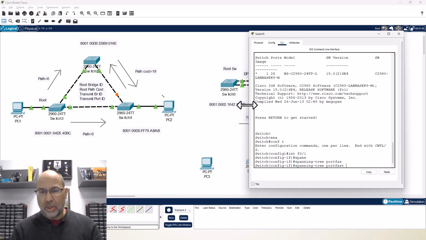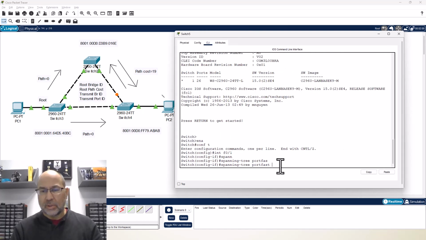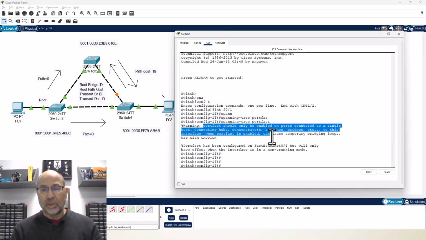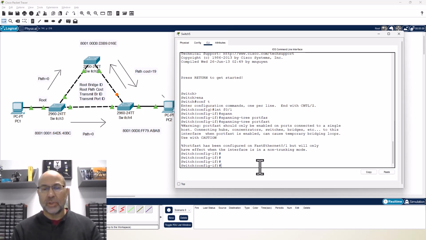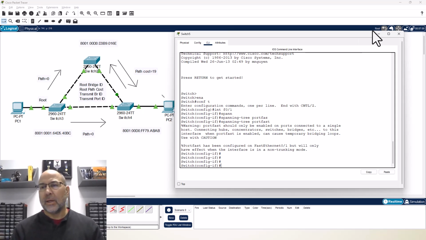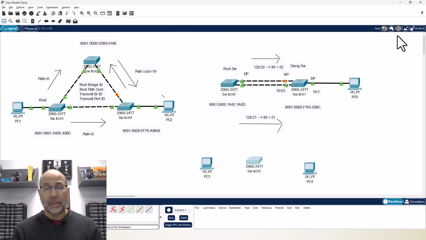Now, a lot of times the switch will say warning: only do this when you're connected to a host, because we don't want to create looping problems. All right, so port 1 is PortFast, and all the other ports are not.